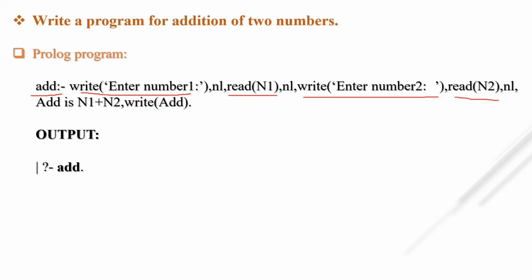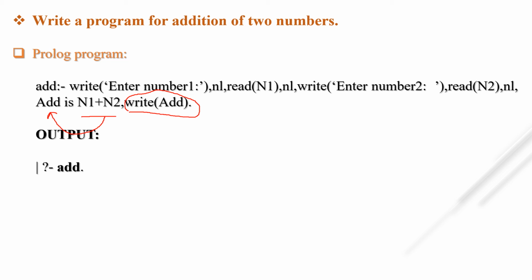And then I am taking another variable, that is add is N1 plus N2. In Prolog, instead of using equal to, we have to use is. So whatever the result of N1 and N2 will be assigned to the variable add. And at last I simply write add, printing the add.